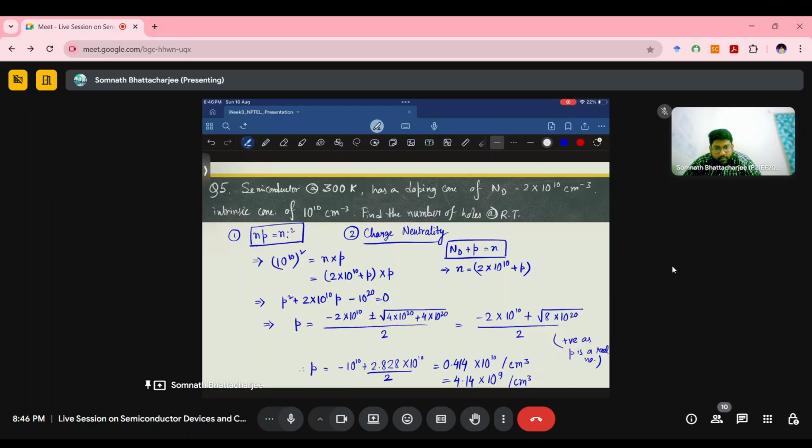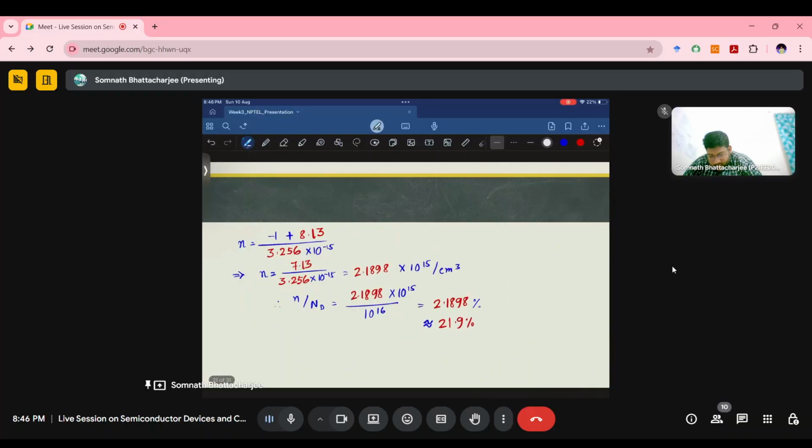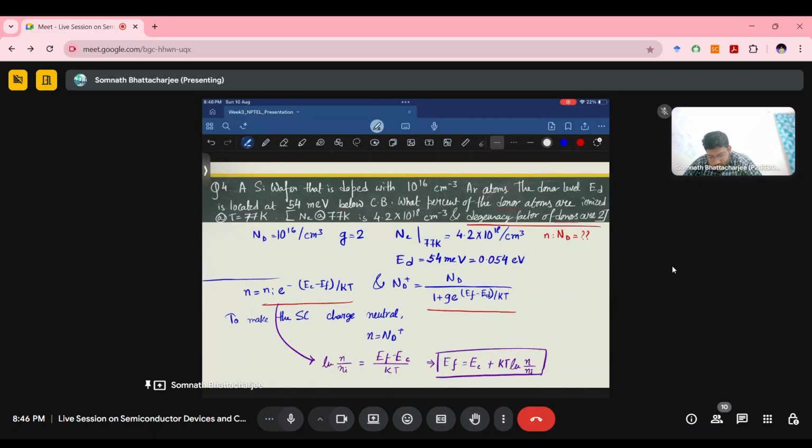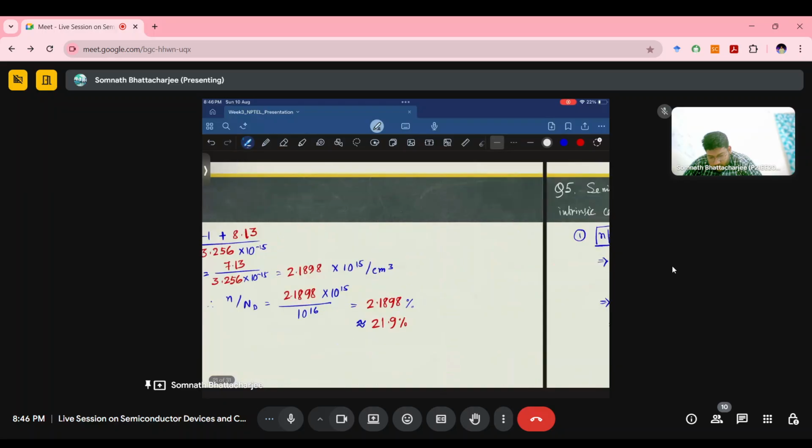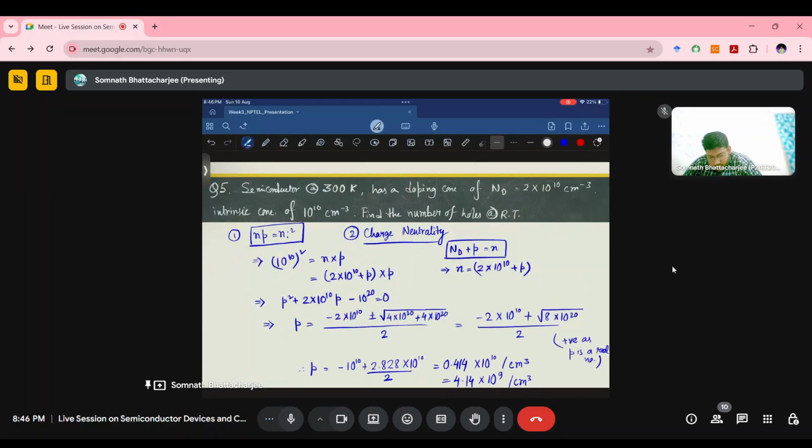So why can't we solve this sum as the previous sum we have solved? In the sum which we have considered, n is equal to nd, since we have considered it as ionized. No, no, no. Let me just explain this.